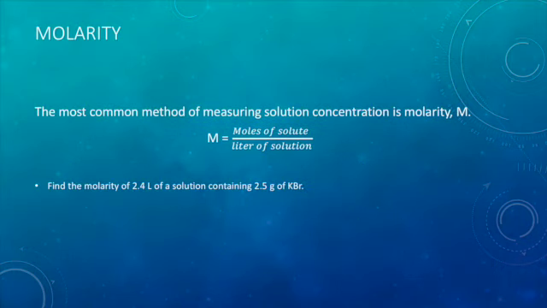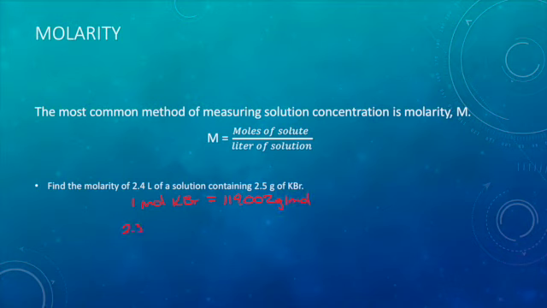So find the molarity of a 2.4 liter solution that contains 2.5 grams of KBr. So we need the molar mass. So 1 mole of potassium bromide is 119.002 grams per mole.